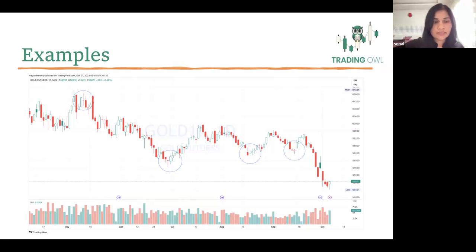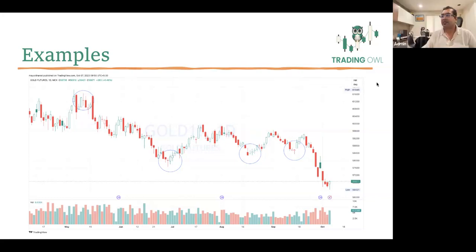So this kind of confirmed, after a little bit of confusion between the buyers and sellers, that now the sellers are going to overpower the buyers. So this is where you need to wind up all your longs in gold and trade it towards the downtrend. You need to wait for 2-3 candles for the confirmation.